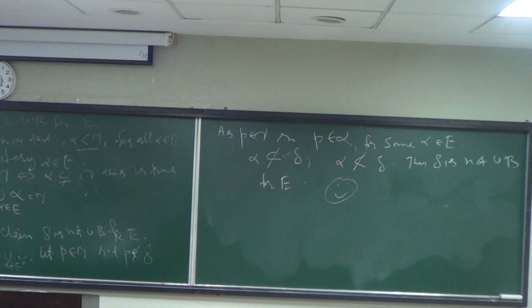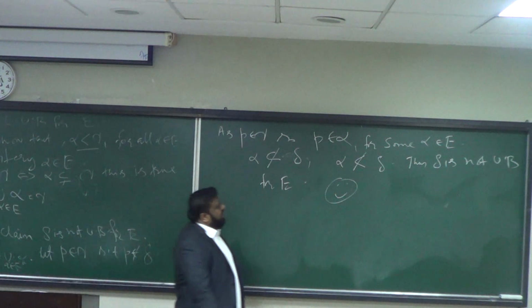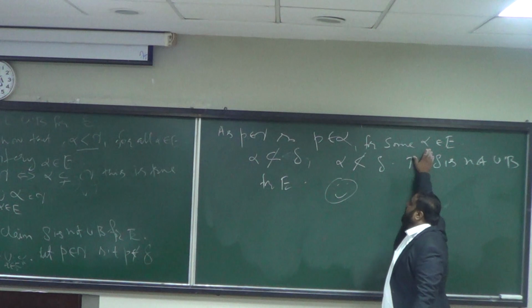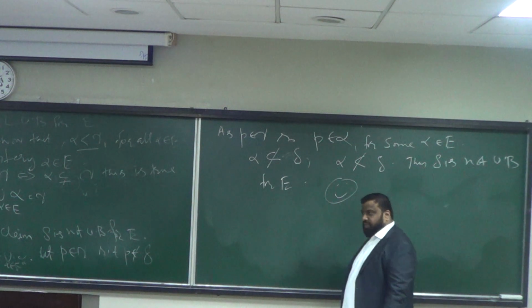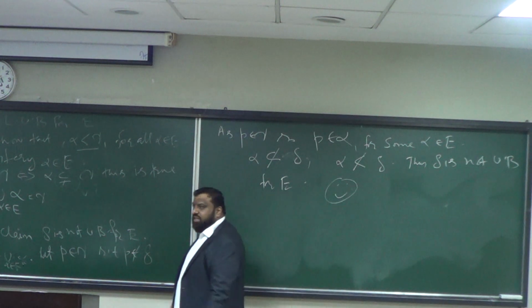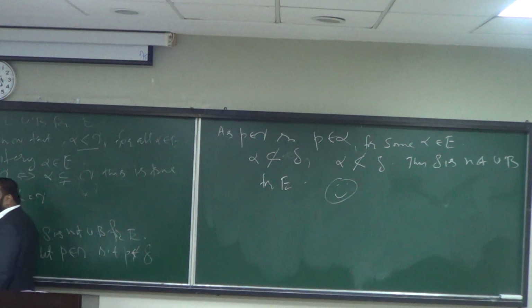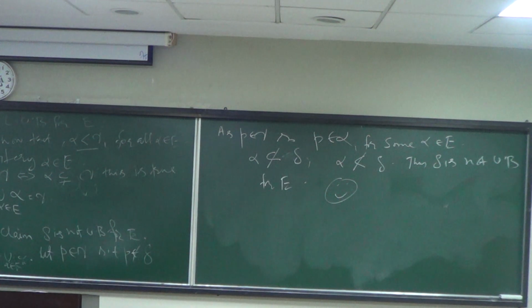So we picked that delta which is smaller than gamma, and we showed that there is an alpha in E which is not smaller than this delta, and hence this delta cannot be an upper bound for E. So if something is smaller than gamma, it cannot be an upper bound for E. This shows that gamma is the smallest upper bound, so anything smaller than that cannot be an upper bound. That's what we need to show.